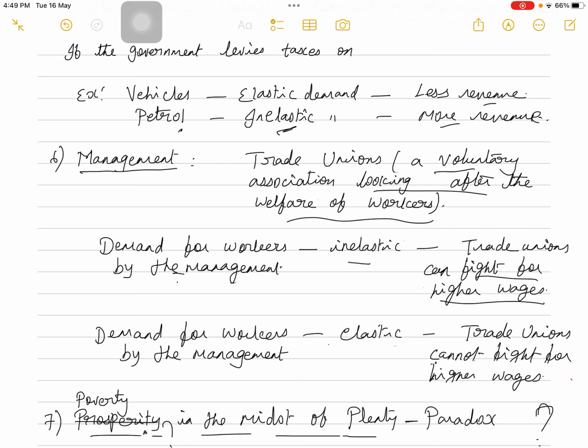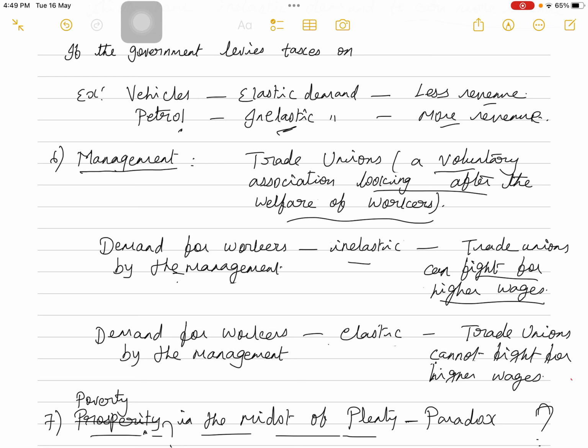So that means what? Suppose there are 50 workers working in a factory. If these 50 workers have inelastic demand from the management, that is, the company has to work only with these 50 workers. The company cannot find this kind of workers anywhere else. So whatever wages they ask, the management has to pay.